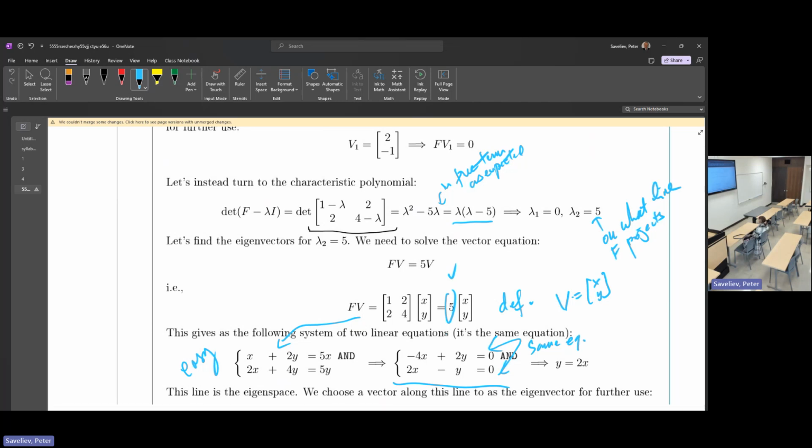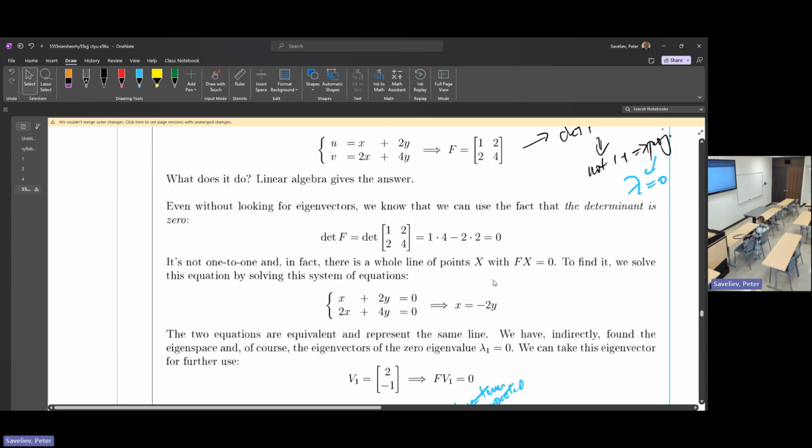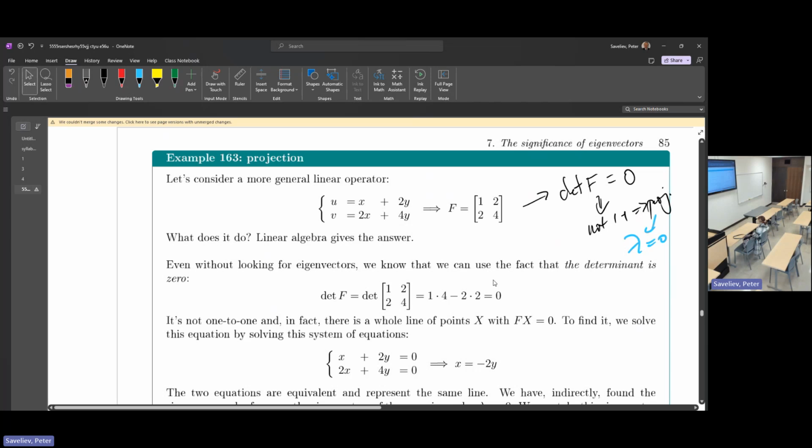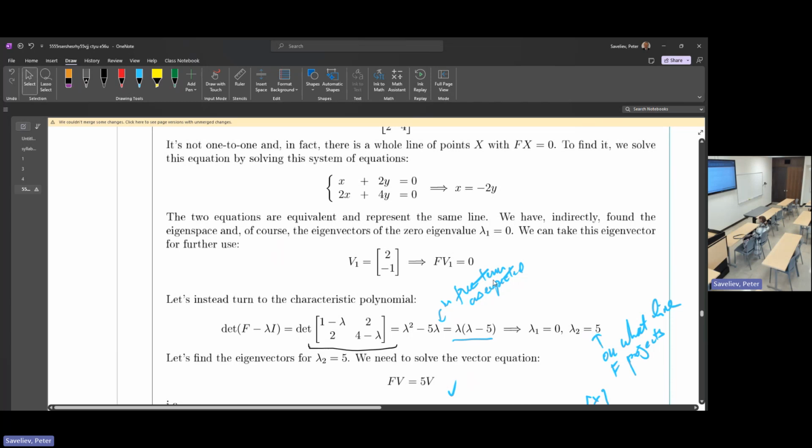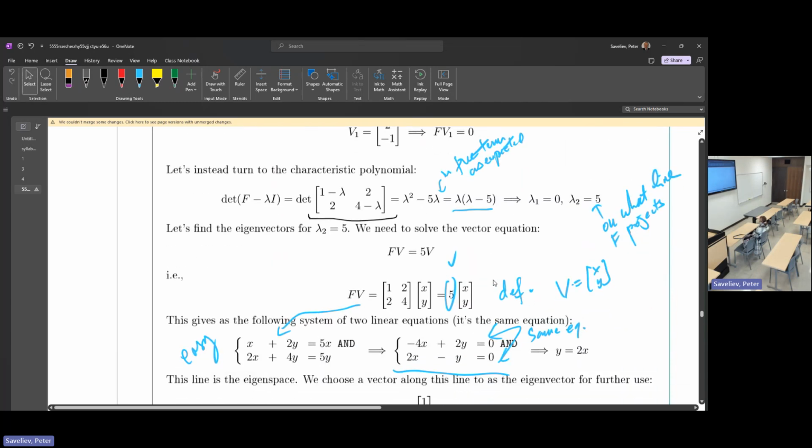Over here, I could, for example, express y in terms of x directly because you have only one equation, and that is a line now, right? It is a line, and that's the eigenspace. That is the line on which everything is projected. Once again, as you can see, I decided not to have a picture here and just do it entirely in an algebraic way, and then discover the conclusions from algebra rather than from experimentation.